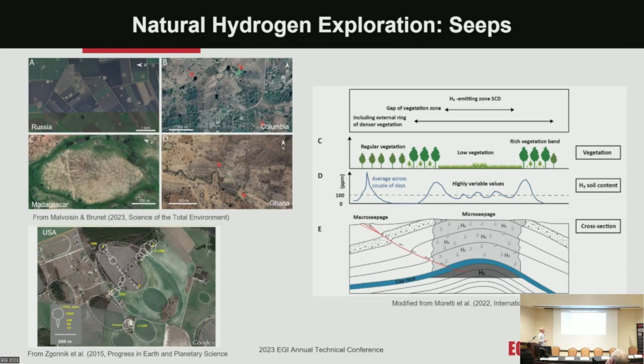We also have them in the United States, in Australia, and in all other places. Many of them are associated with hydrogen. And there are a few methods proposed to distinguish these circular features associated with hydrogen from those which are not, using satellite images like hyperspectral data.